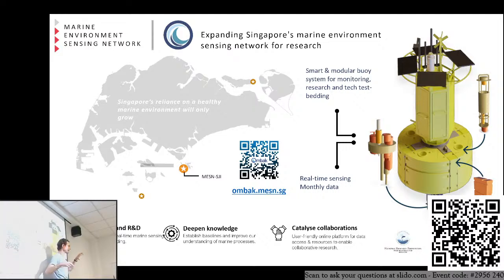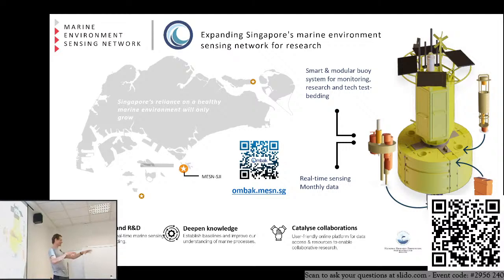We can get a handle on this because it depends a lot on the residence time of water, so how well flushed it is by tidal and residual currents. If you understand the hydrodynamics of your area a bit, then you can get a handle on that.